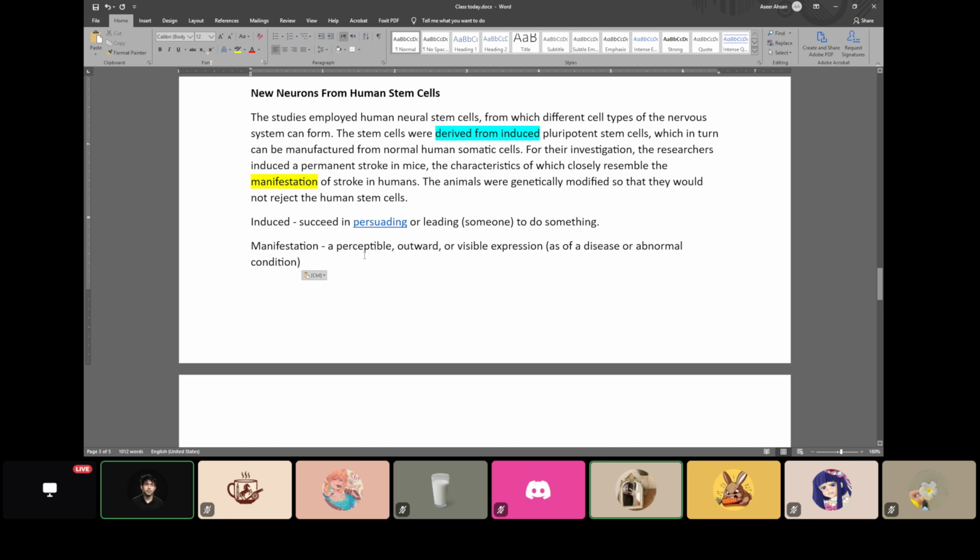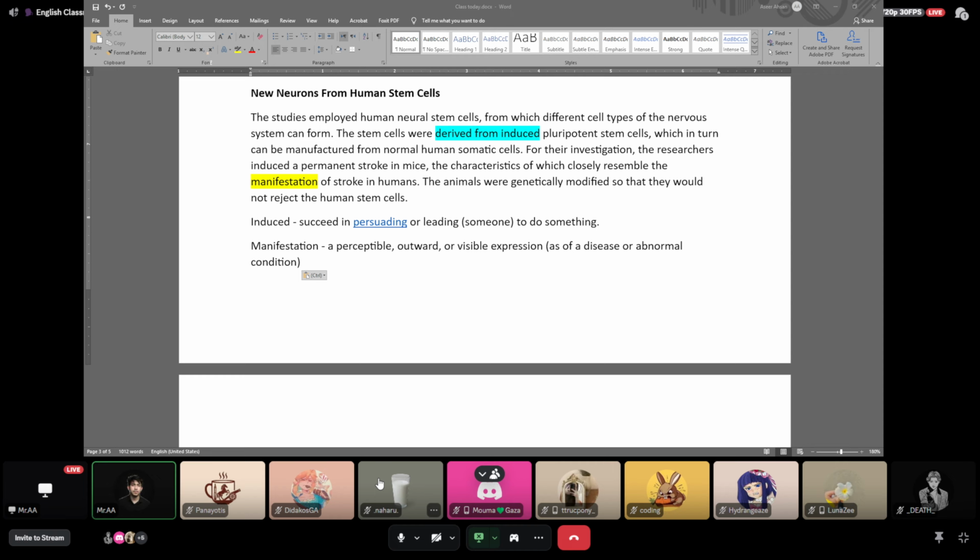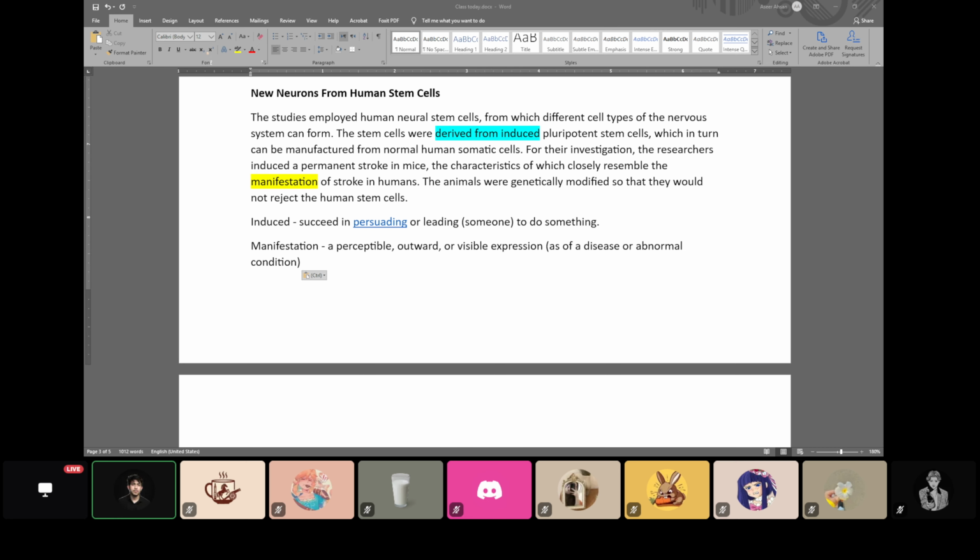What do you mean by a perceptible, outward, or visible expression? I would like to ask that question to Nahru. Can you please tell me what is the meaning of this word? A perceptible, outward, or visible expression.